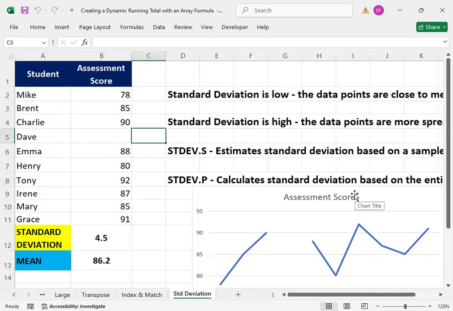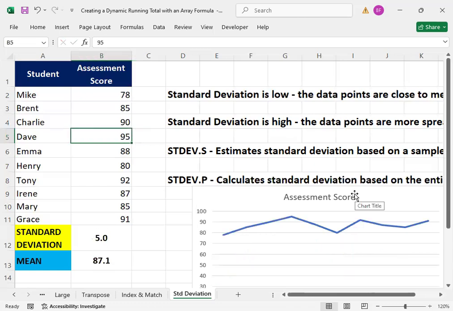Okay. Let me get back the 95. So if the mean is around 85 and most scores fall between 80 and 90, it suggests fair grading. So let me see.